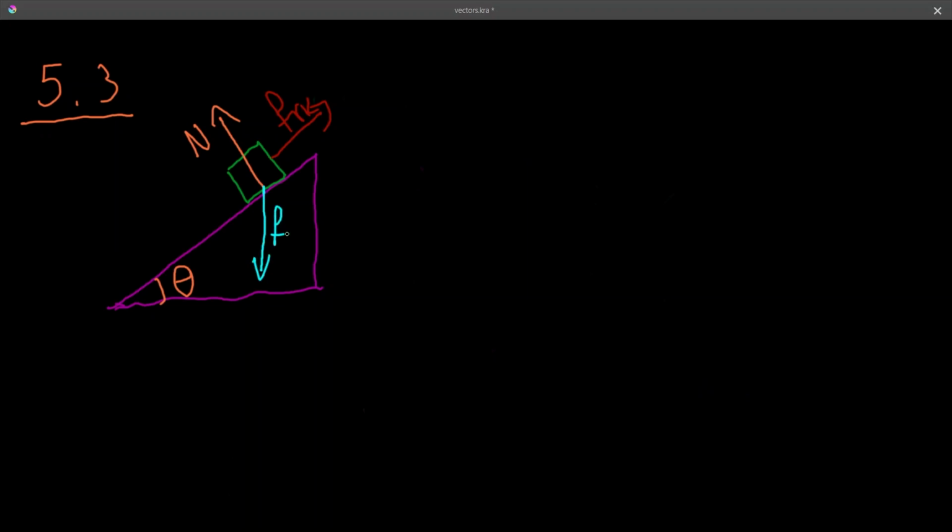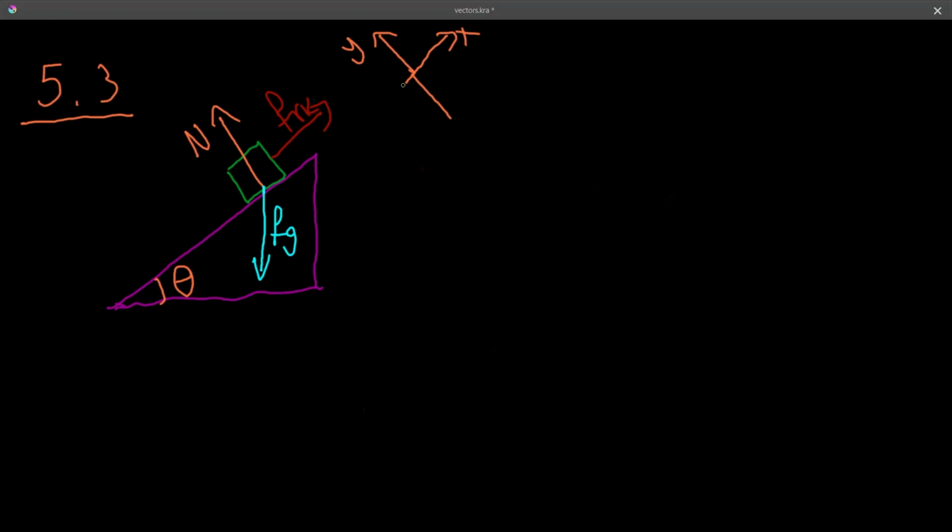So what we do usually is we take the coordinate plane to be where the normal and Fk are. So we take this to be our y-axis, and this is the x-axis, right?